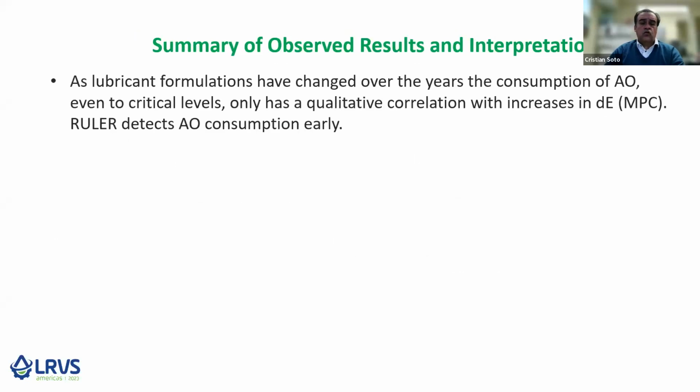Lubricant formulations have changed over the years. The antioxidants, even to critical levels, have only, as I mentioned, a qualitative relationship to MPC, and the ruler helps to detect this consumption early.